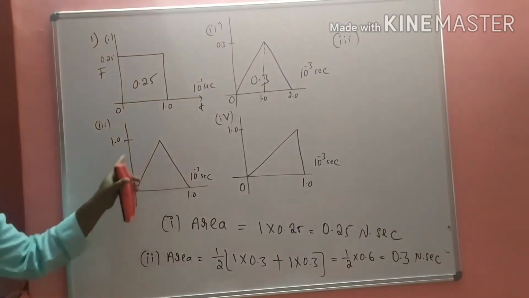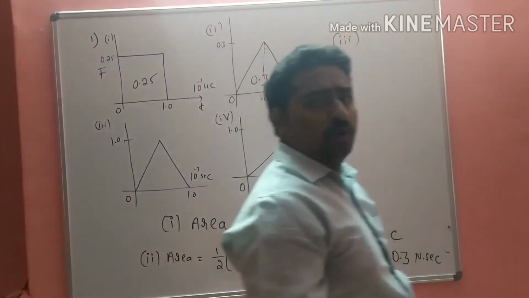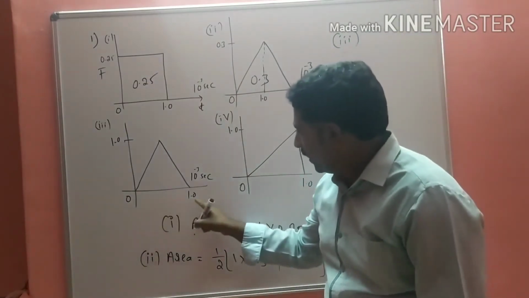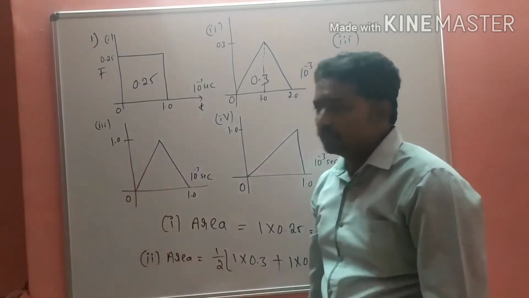Then the third one. All sides are equal. Look at the diagram: this is 0 to 1 and this is also 0 to 1.